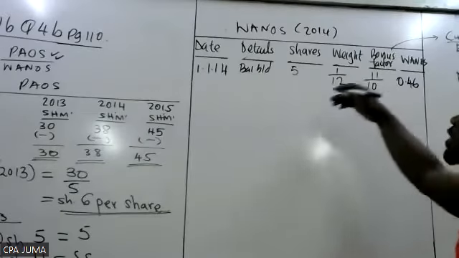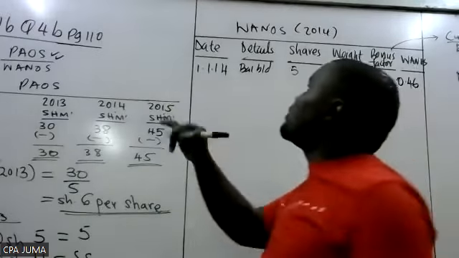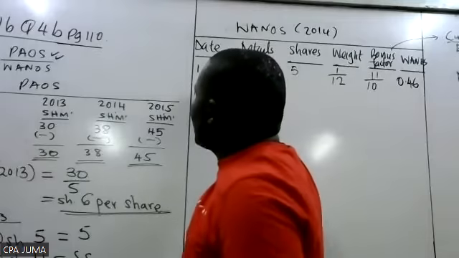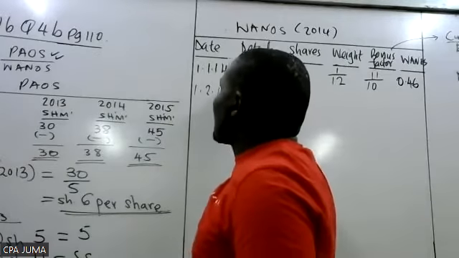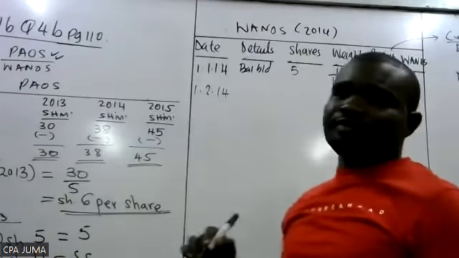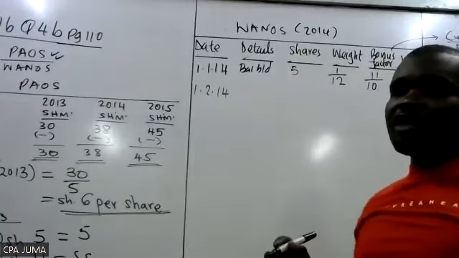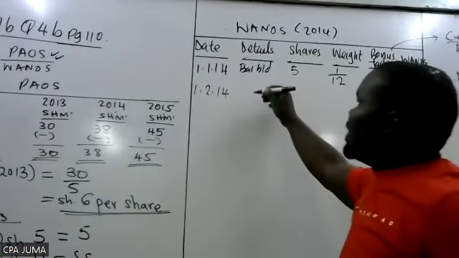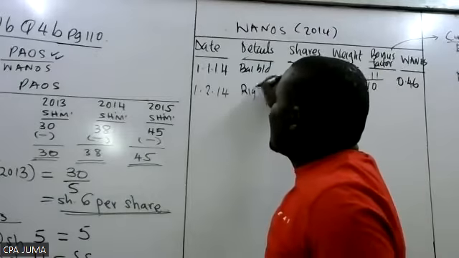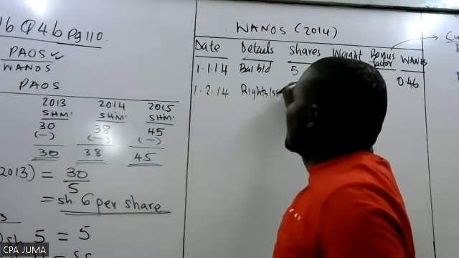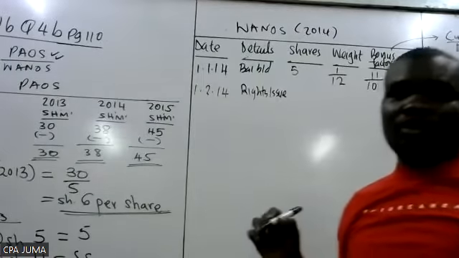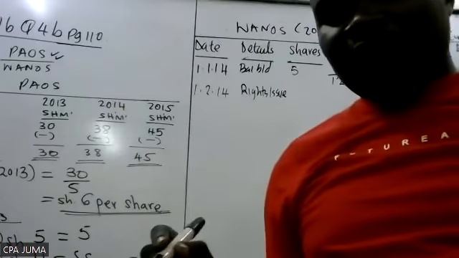Where do you want me to repeat? Can type. Then on 1st February 2014, rights issue. So, Susan can type here.